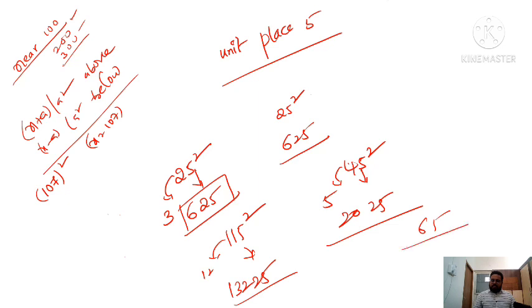Also 65 square: 5 square is 25, 6 times the next number, 7, is 42. 4225. This is an easy way to multiply and get the answer. So this is the method to find squares of any number. You have to practice more questions.